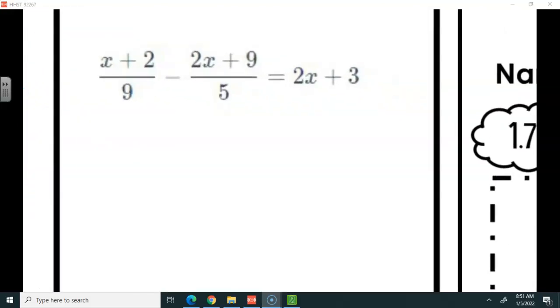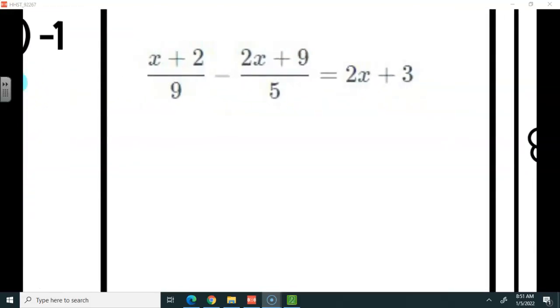Okay, so this last part, you will have these on the Delta Math, and when you have a fraction in your equation, you're going to want to eliminate the denominator, so get rid of that. So you're going to ask yourself, what is the common denominator of 9 and 5? If you remember, 9 and 5 will both go into 45.